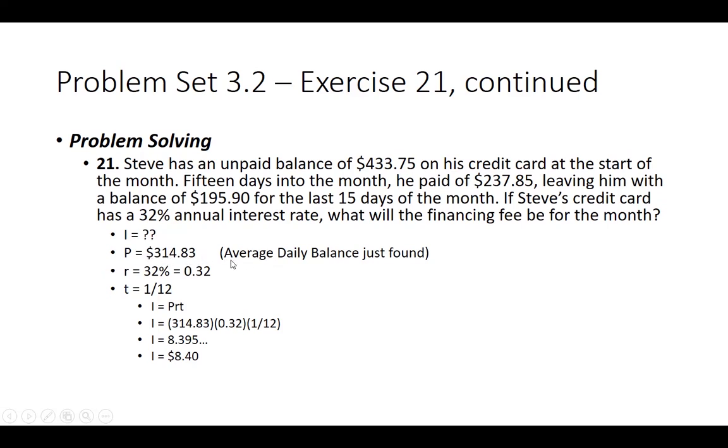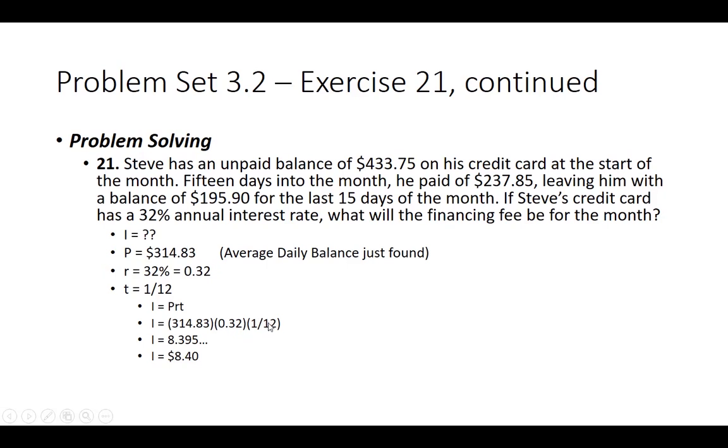We want to know what the interest is when the principal is the average daily balance we just found, $314.83. The rate is 32%, 0.32 as a decimal. And since we're dealing with just 1 month, the time is 1/12. 1/12 of a year is 1 month. Plug what we know into I equals PRT.